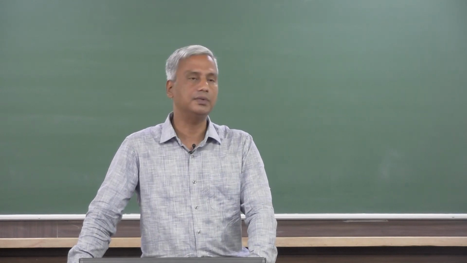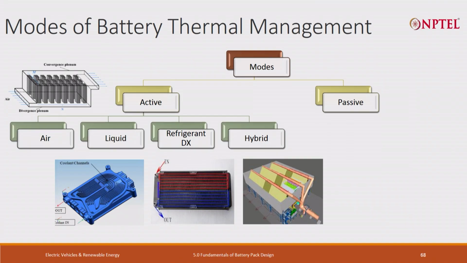Such a thing comes as a refrigerant, using compressors, etc. And that we call the direct expansion refrigerant system, where it absorbs the heat from the battery pack and throws it out to the ambient by virtue of changing its phase, pressure and temperature.